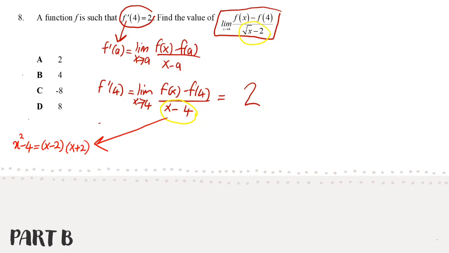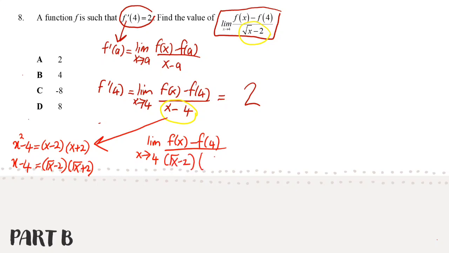Alright, so if we have x minus 4, it becomes the square root of x minus 2 times the square root of x plus 2. Okay, so let's factorize. So we have the limit as x tends to 4, f(x) minus f(4) over the square root of x minus 2 times the square root of x plus 2, is equal to 2.